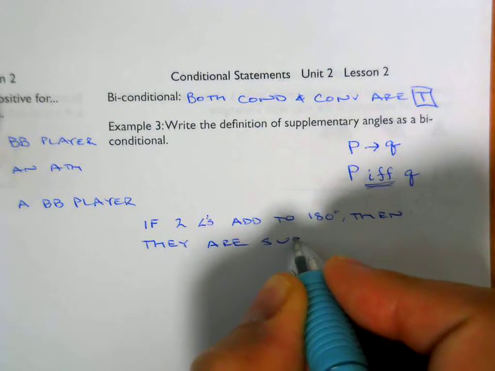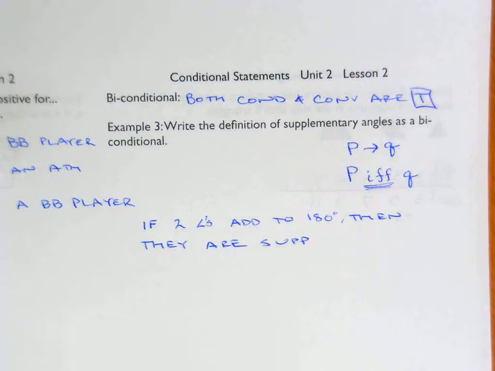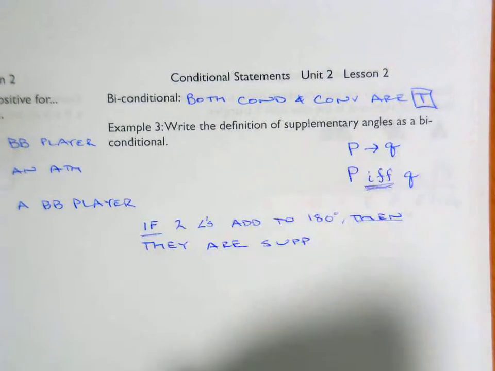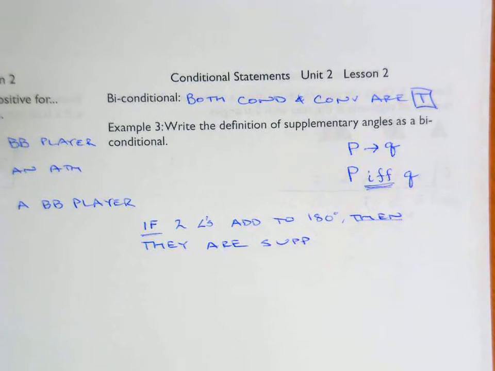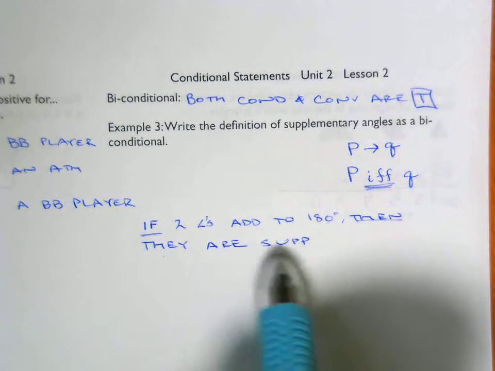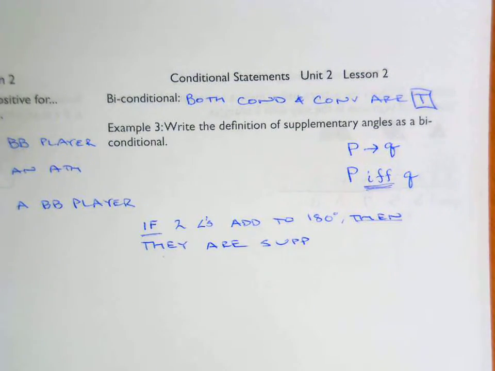So this would be an example of how to write this as a conditional statement, if-then statement. Okay, and of course, because this is a biconditional, I could also say it the other way. I could say if two angles are supplementary, then they add up to 180 degrees.